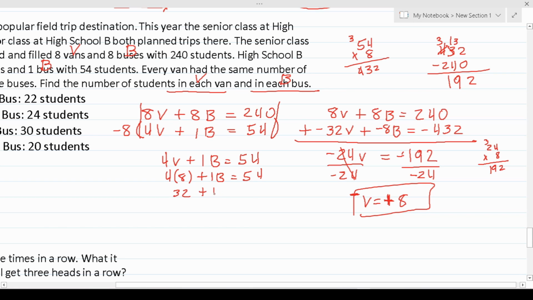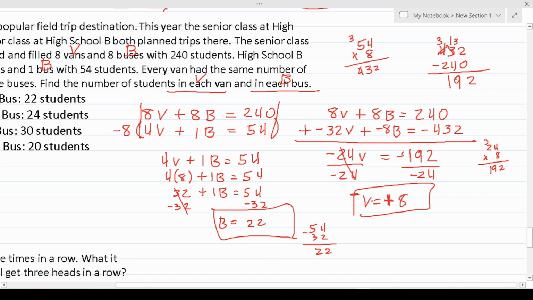So this is 32 plus 1b equals 54. Subtract 32 from both sides to get b by itself. So this becomes 54 minus 32. 4 minus 2 is 2. 5 minus 3 is 2. So this is 1b, or just b, equals 22.